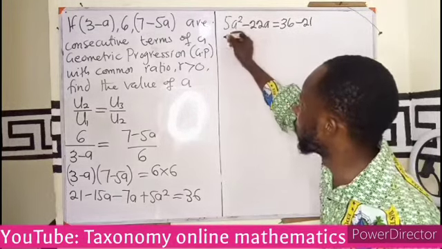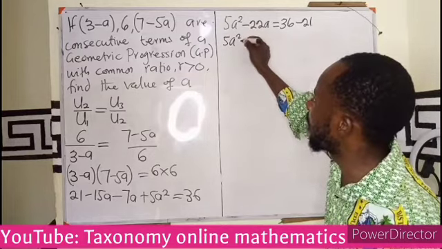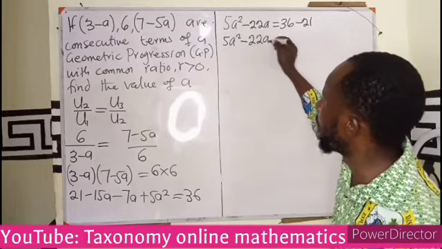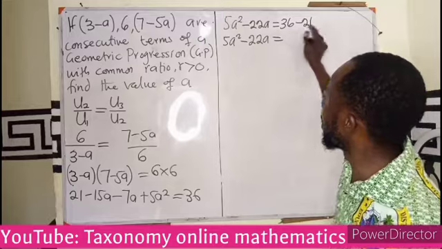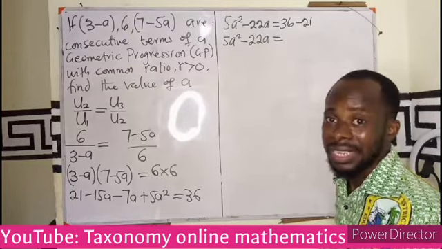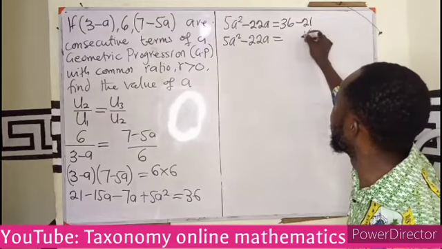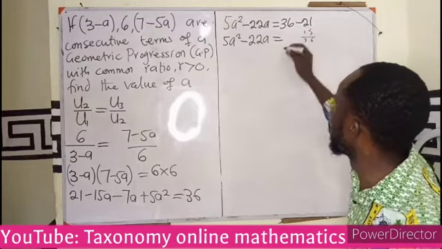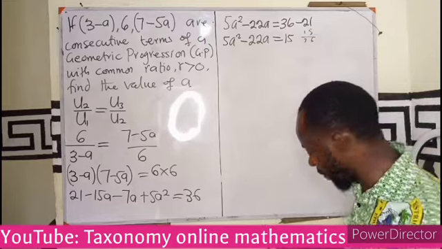So 5a squared, minus 22a, and 36 minus 21 gives positive 15.